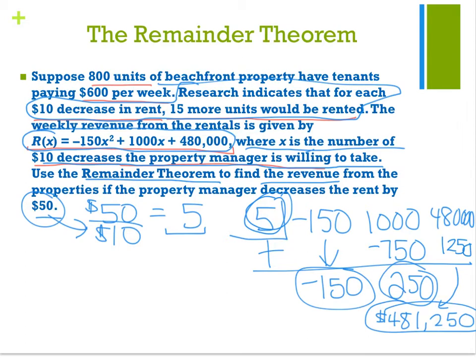And then, thus, for each $10 decrease in rent, he's renting 15 more units or 15 more apartments or townhouses, etc. So even though he's losing out on $50 in rent per unit, for every $10 he decreases in rent, he's renting out 15 more units. So that's where the more revenue, it's going to increase revenue, because then he's able to rent out more units by dropping the rent and making it more affordable to people.